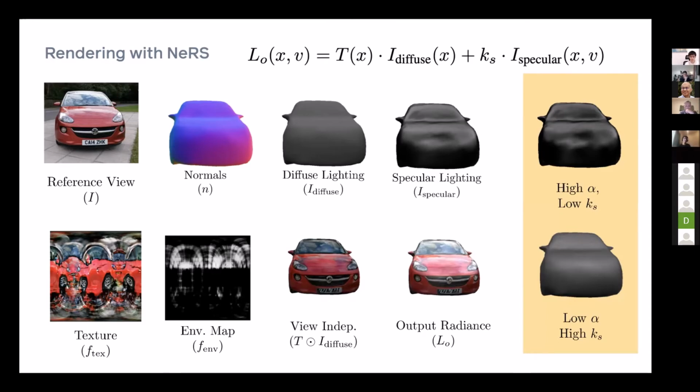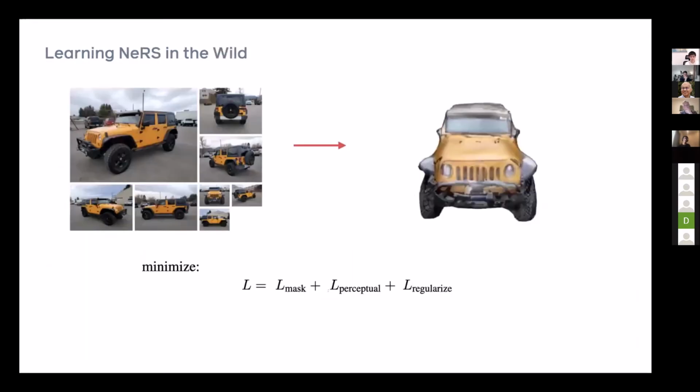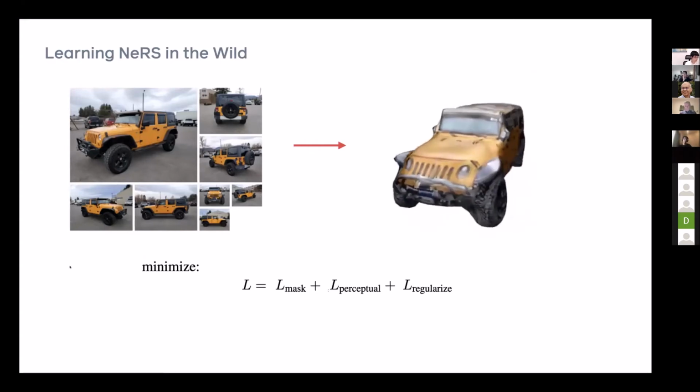And so once we have this way of rendering, we can just train our system to match the training images that we have using simple reconstruction losses. Again, we assume we have at least a coarse foreground mask given by Mask CNN, and we say that our renderings should match both the appearance of the pixels as well as the mask when we render through the rendering model that I just described earlier.